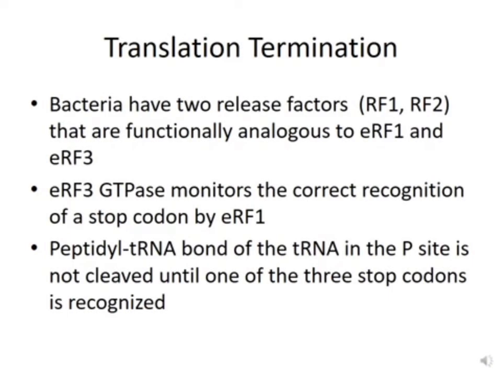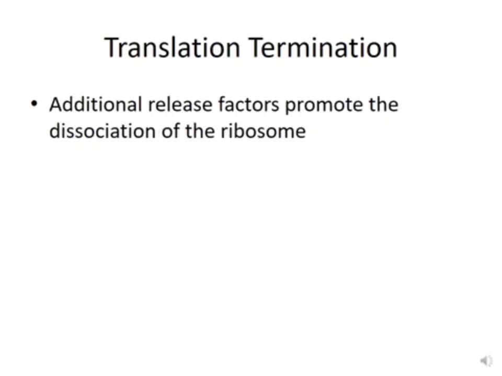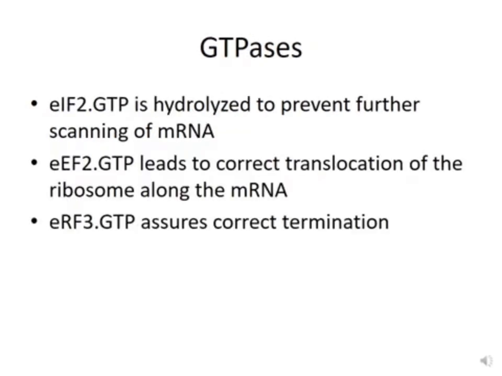The polypeptidyl tRNA bond of the tRNA in the P site is not cleaved until one of the three stop codons is recognized. Otherwise the growing polypeptide chain will remain attached to the tRNA unless a stop codon is recognized and a release factor is recruited to do so. There are many other release factors. Their function is to basically dissociate the components of the ribosome away one from another.